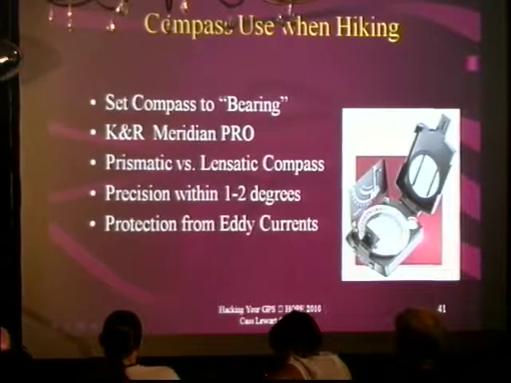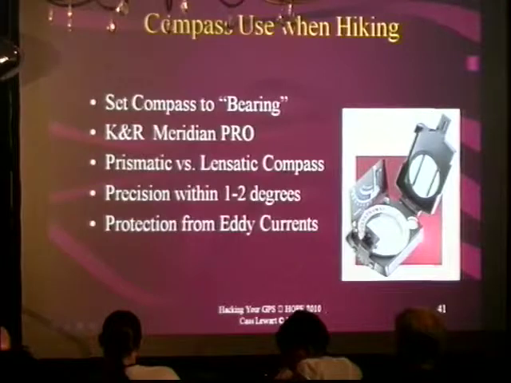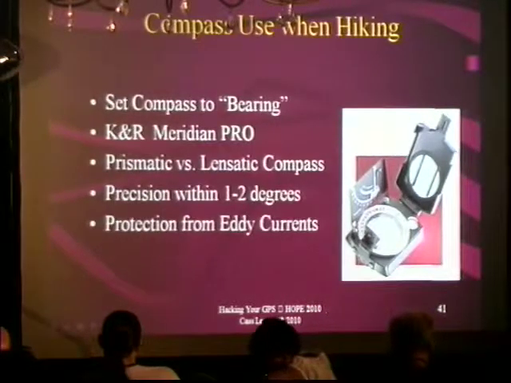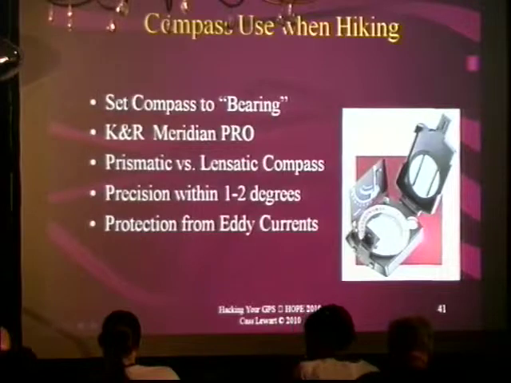Now here I show a very nice compass. I had one, it was stolen from me, and I ordered one from Germany. This type of compass costs around $100 to $150, but it's good to within 1 or 2 degrees.